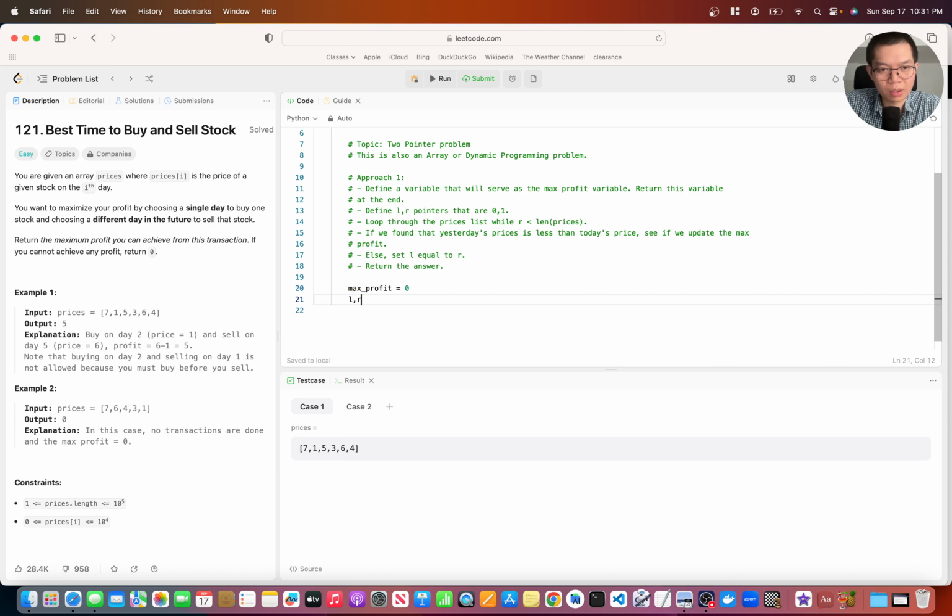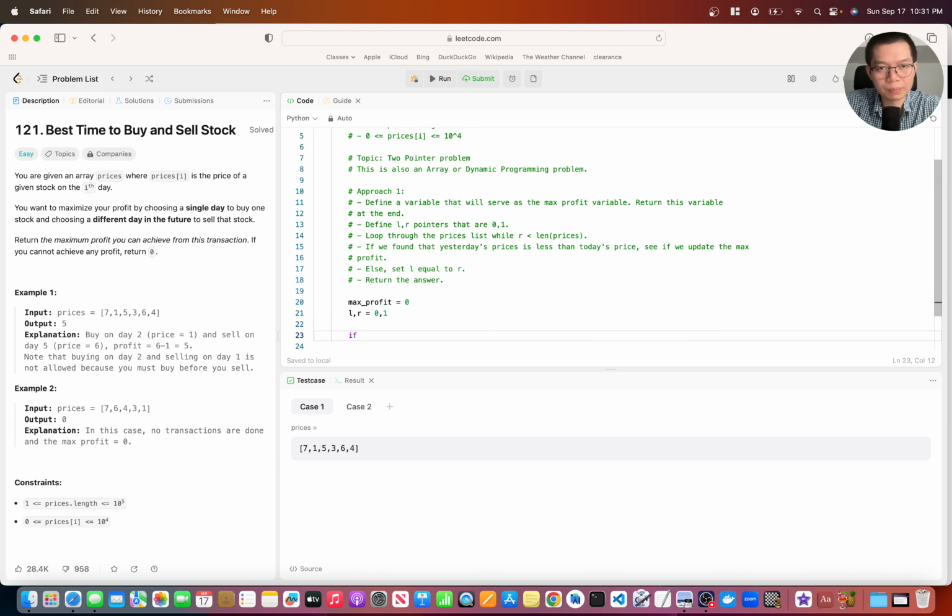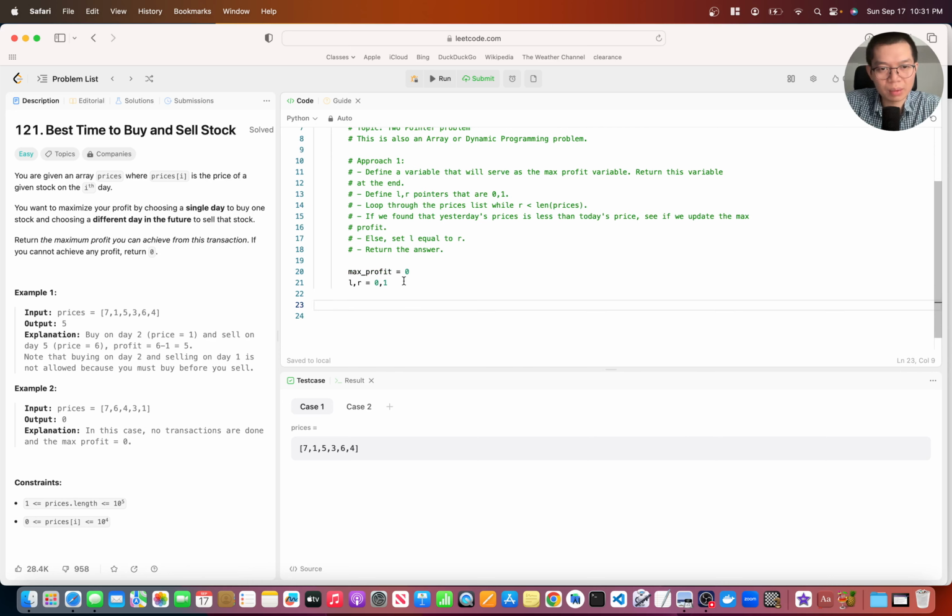Then you have L, R equals 0, 1, and then I'm going to do n equals len(prices). If n is less than or equal to 1, return 0.